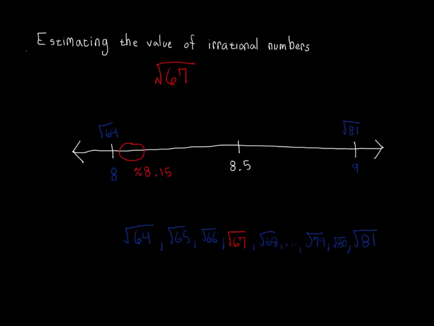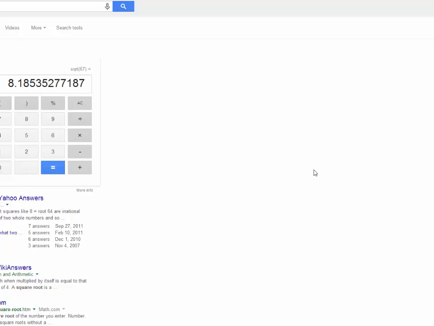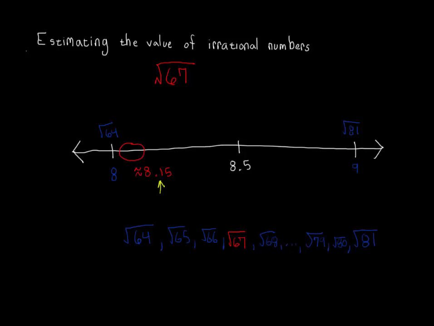The digit that matters most is this tenth place digit, but I'm going to guess 8.15 just because I know 8.1 is closer to 8 than 8.5. There we go. Square root of 67 is 8.18. So I was a little bit low, and if we round it up, it'd actually be 8.2. But that's not a big deal.